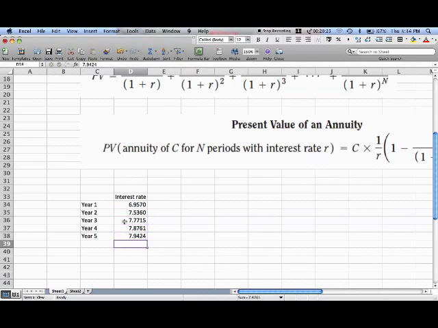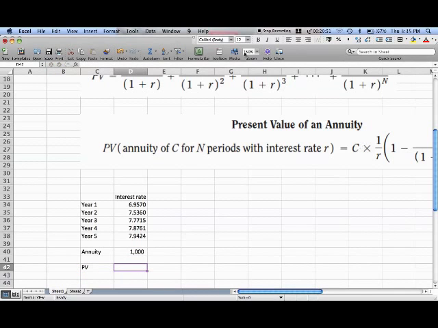Okay, so for example, the annuity is 1,000. Okay, I put $1,000. And how to compute the present value?